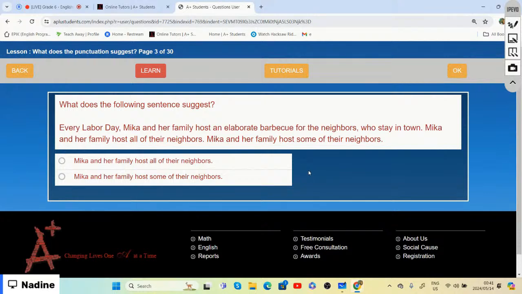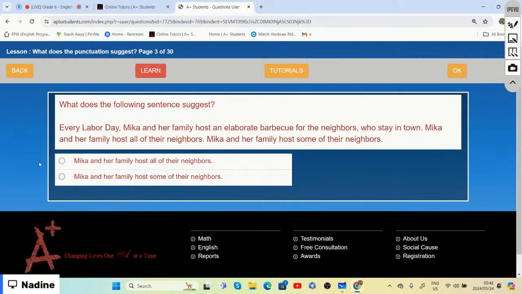All right, so it says every Labor Day, Mika and her family host an elaborate barbecue for the neighbors who stays in town, right? So basically, they are organizing a barbecue for the neighbors who stays in town.